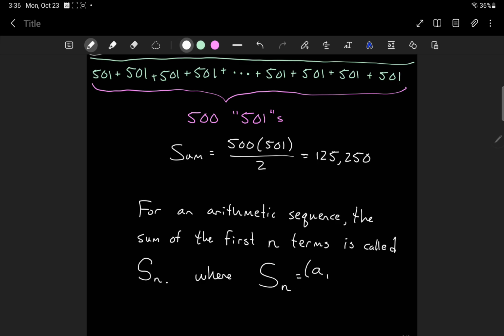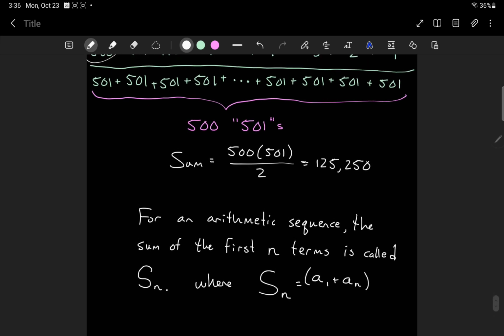And the formula we have for that is the first term plus the last term, or the nth term, right? So in this case, n was 500 up top here, times the number of terms, divided by 2.